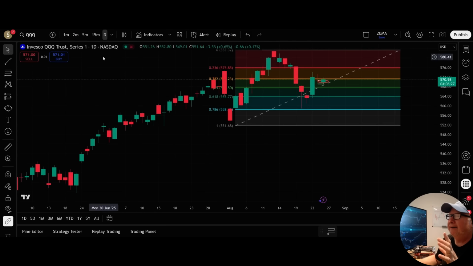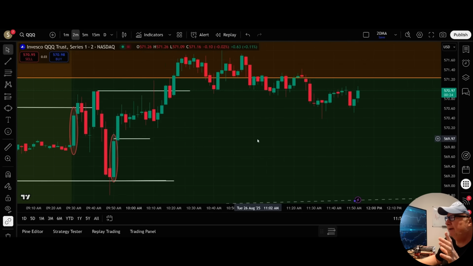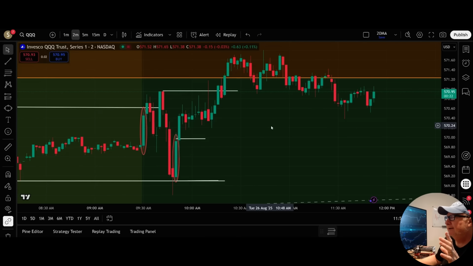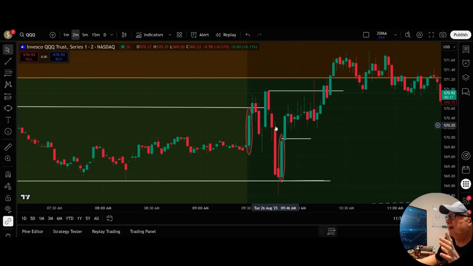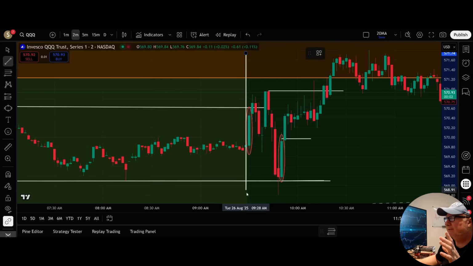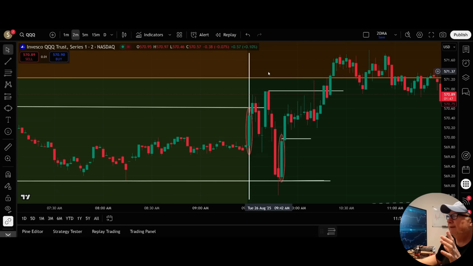Put that on and let it overlay your 2-minute time frame in the morning. So this is our 9:30 time frame right here, just in case the colors are a little bit confusing. Right, this is 9:30. This was when we had this fake power bar that started in the middle.